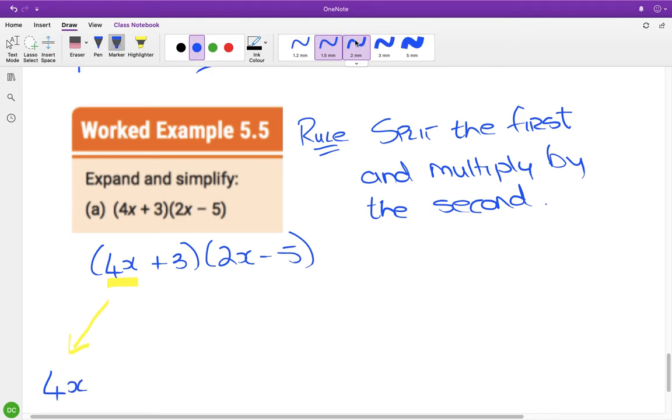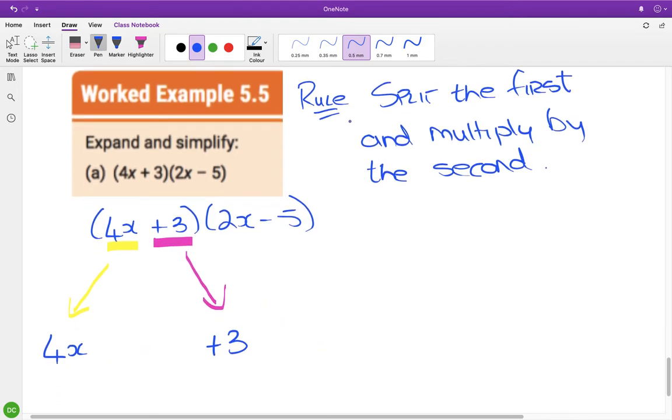Then I'm going to take the plus 3 and I'm going to split up that bracket and write the plus 3 here. Okay, so now I've split, that's the first part of the rule, split the first. Okay, and multiply by the second.